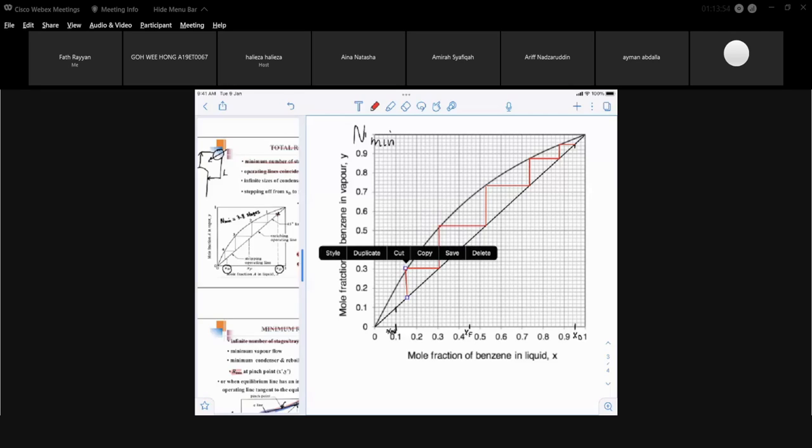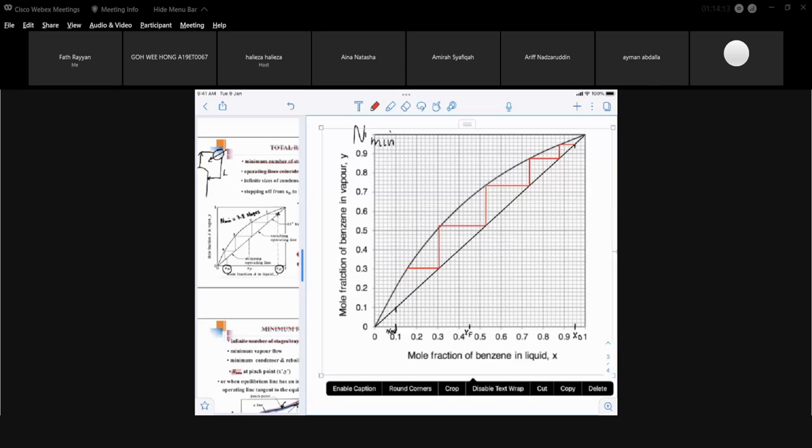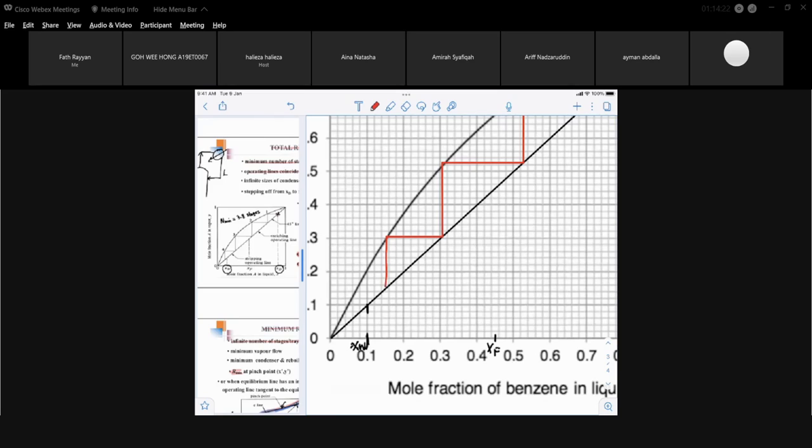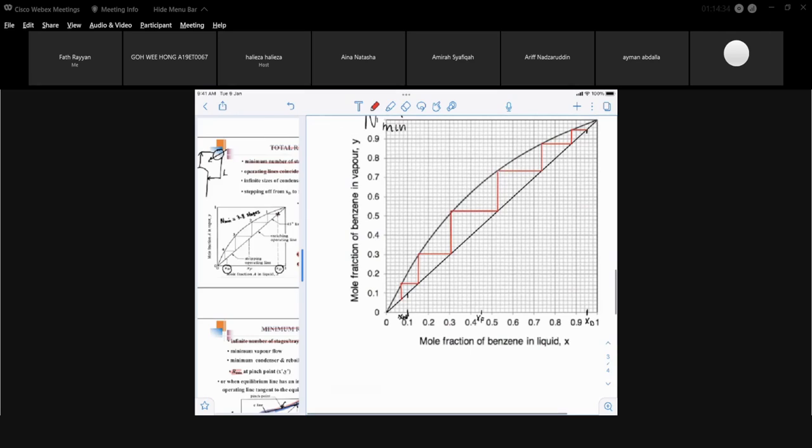That's not a good line. Well, roughly, how many stages? 1, 2, 3, 4, 5.